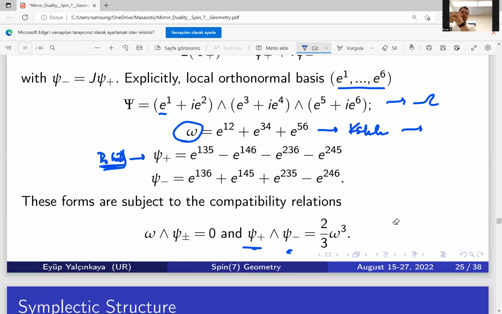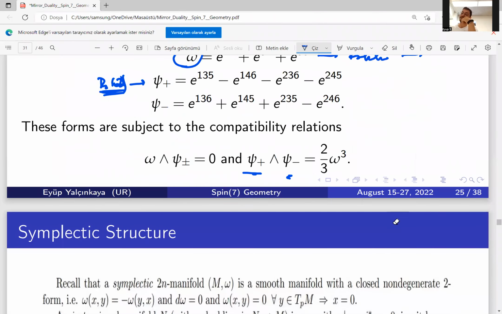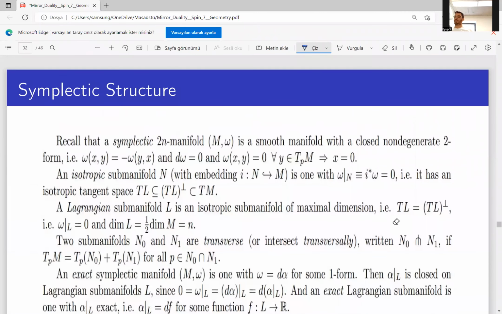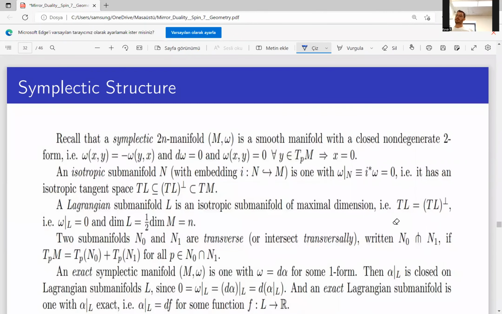If you have the Calabi-Yau manifolds, from here we can continue with some information about mirror duality. What is mirror duality? We don't know yet, but at first we have to understand some structure also. Which kind of structure? The symplectic structure. What's that? The symplectic structure is on an even-dimensional manifold, and we have to define it first. It is a closed form, and the form is alternating: if you switch x and y, it has to be equal to minus sign.